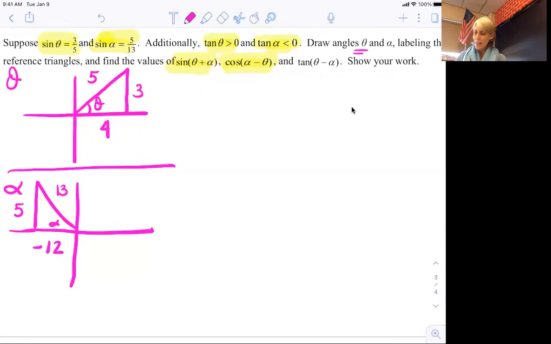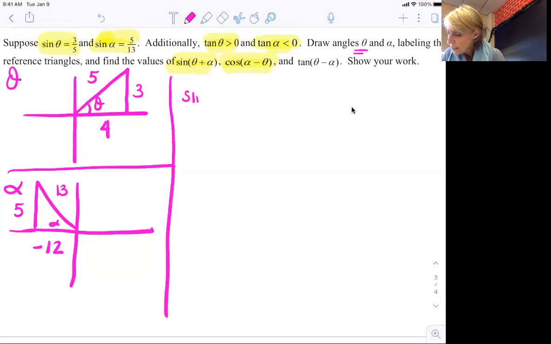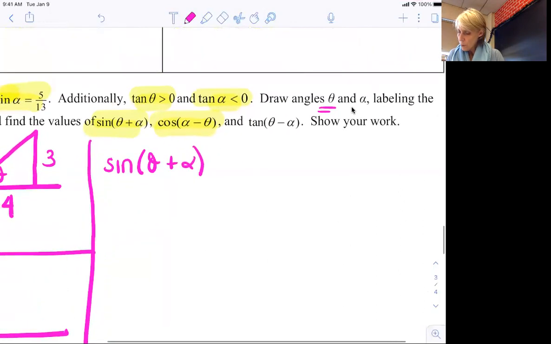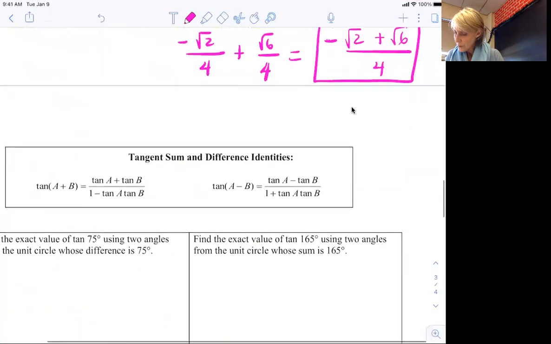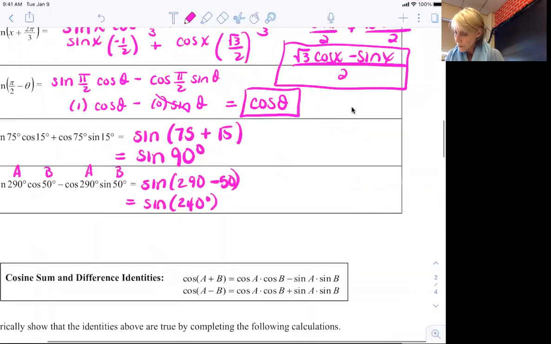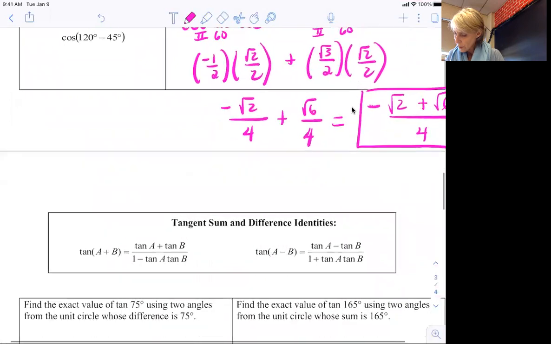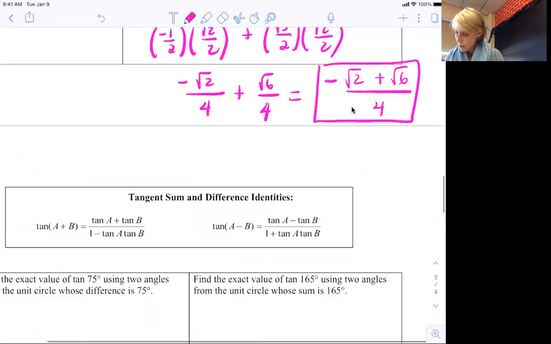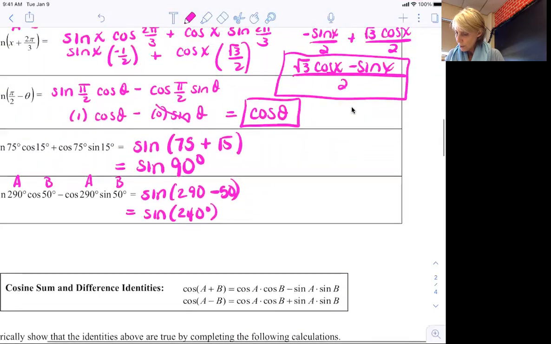So once I have my side lengths, I can find any value. If I want to find the sine of theta plus alpha, the first thing I want to do is remember what my formula is.